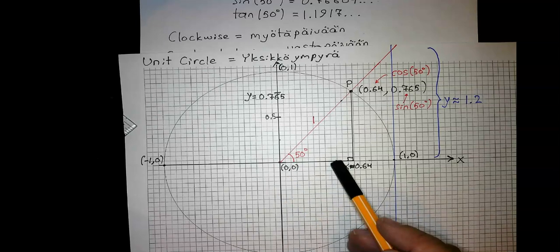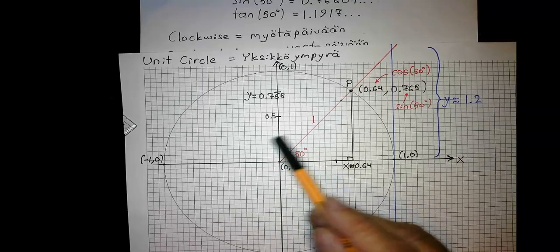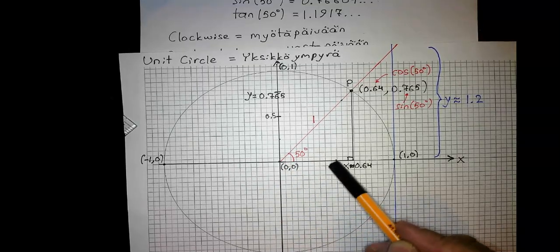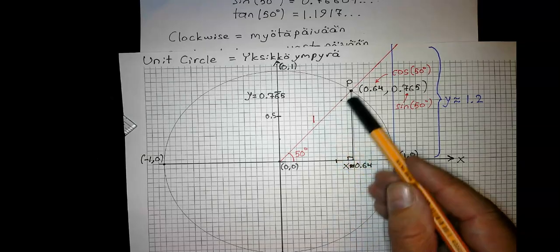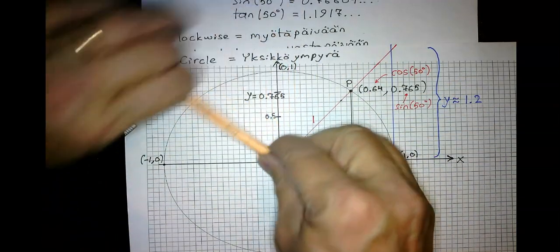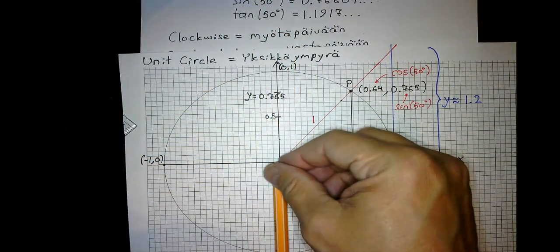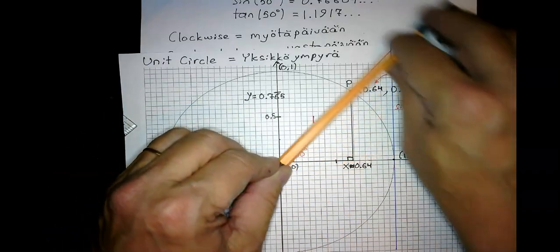But we can see that if we go one round around this circle and come to the same point, this angle starts here and goes 90 degrees, 180 degrees, 270 degrees, 360 degrees, and goes again here.